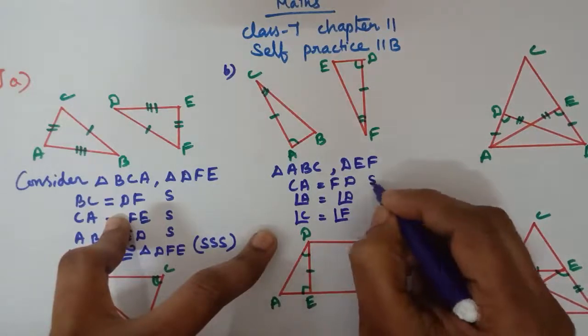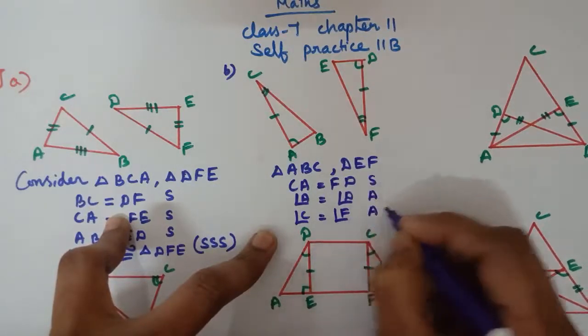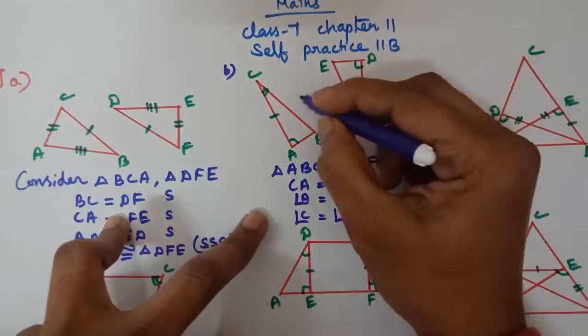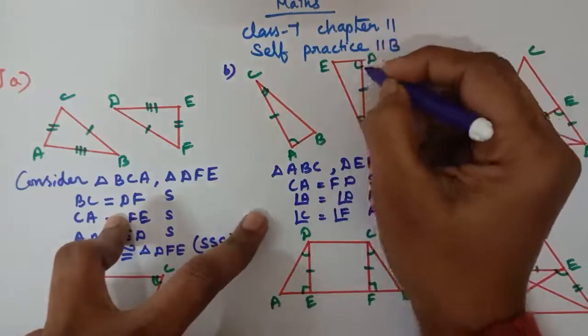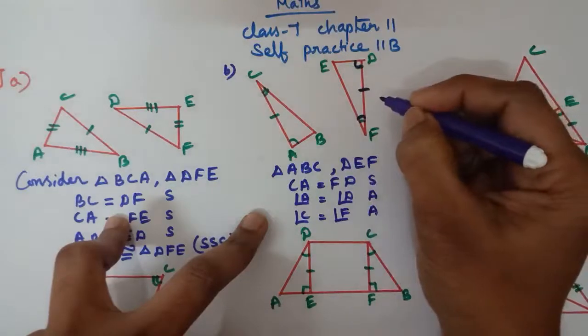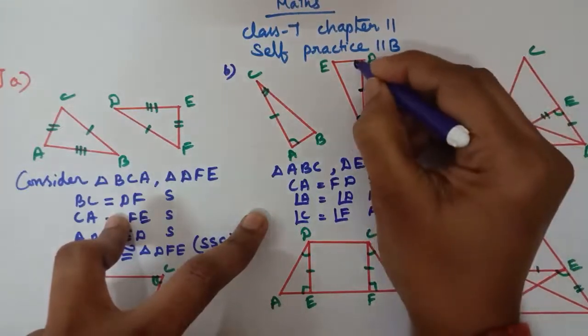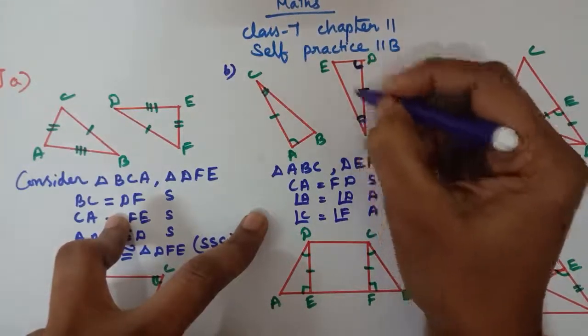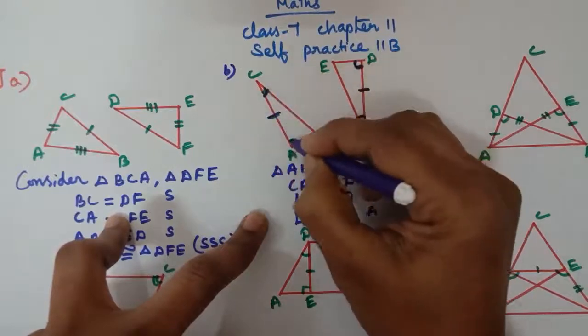So this is side, this is angle, this is angle. Look at these figures. Here students, listen. Angle, side, angle. Not AAS. Listen, angle, side, angle.